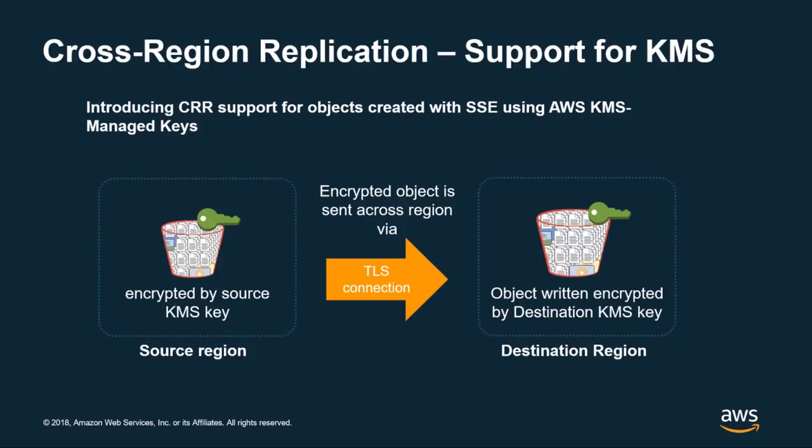But then you've also got the coordination with the destination's KMS key, so that objects are coordinated between source region and destination region, and the KMS management of those keys across the regions is also coordinated. So that in a nutshell is CRR with support for KMS.